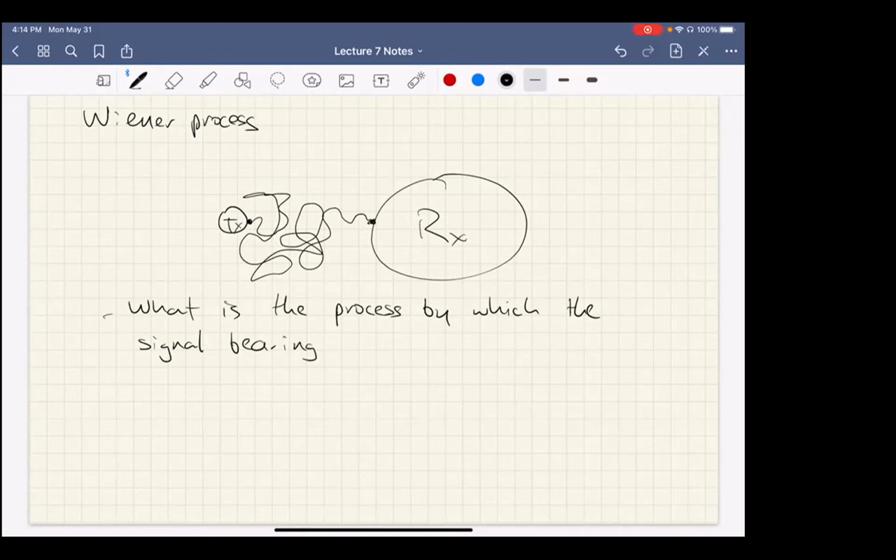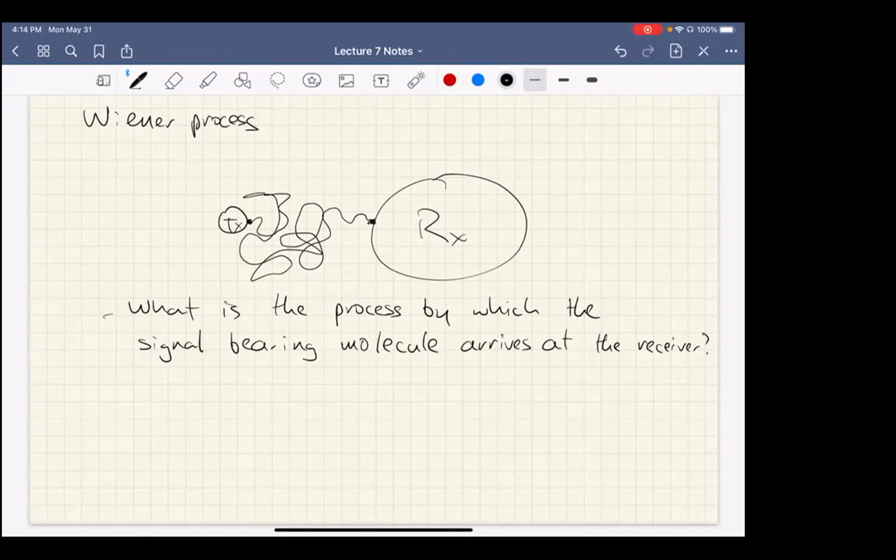What is the process by which the signal bearing molecule arrives at the receiver? So if Brownian motion is all about propagation, then that propagation has to terminate. I mean, in traditional wireless communication, the signal terminates at an antenna. Here, we're just going to say it terminates at the receiver.